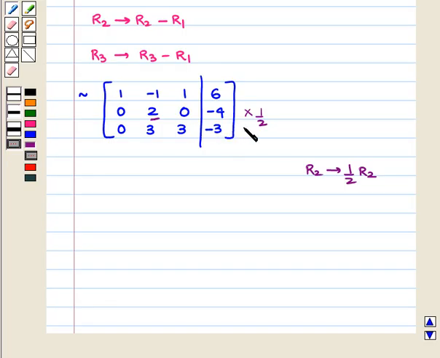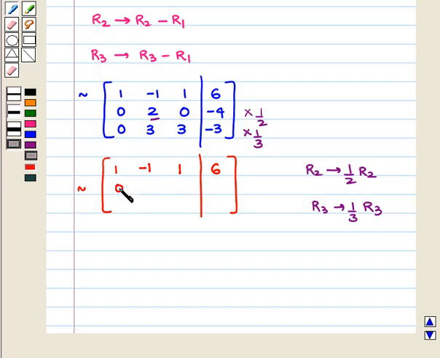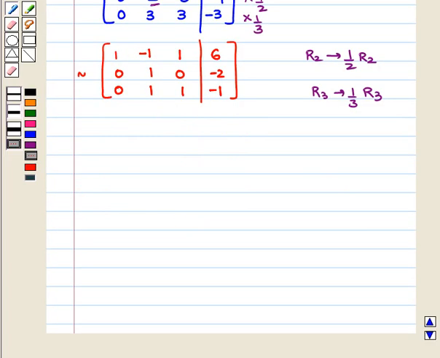So we multiply row 3 by 1 by 3. That means row 3 becomes 1 by 3 row 3. And hence the matrix obtained is 1, -1, 1, 6 in the first row, 0, 1, 0, -2 in the second row, 0, 1, 1, -1 in the third row.